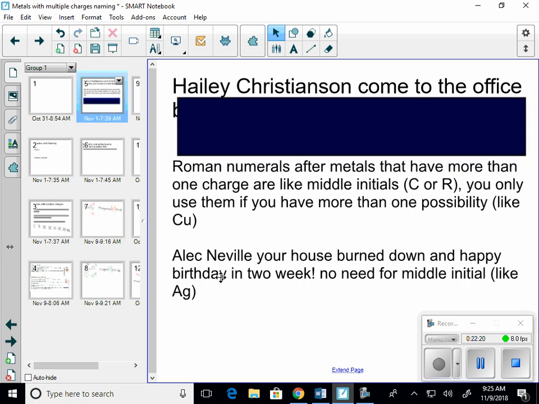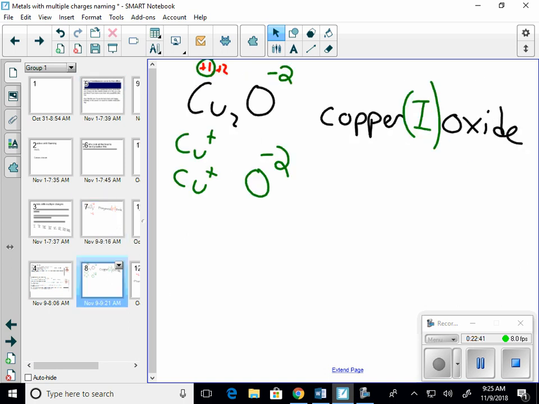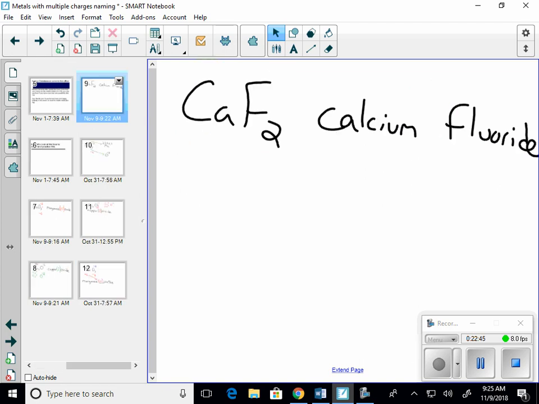For example, if we said, Alec, come to the office because your house burned down, there's only one person with your same first and last name in this building, right? Why in the world would we use his middle initial if it's not necessary? That's what I'm referring to when I go back to that problem. It's the next one. There's only one version of calcium. So why would we use the middle initial for that?